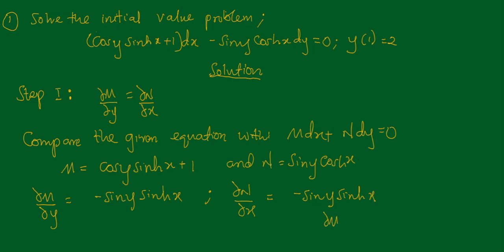We can conclude that dM/dy is the same thing as dN/dx, and this is equal to minus sin y sin x. So this confirms that our differential equation is in fact an exact differential equation.